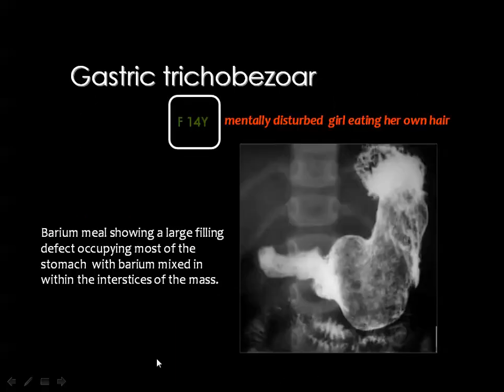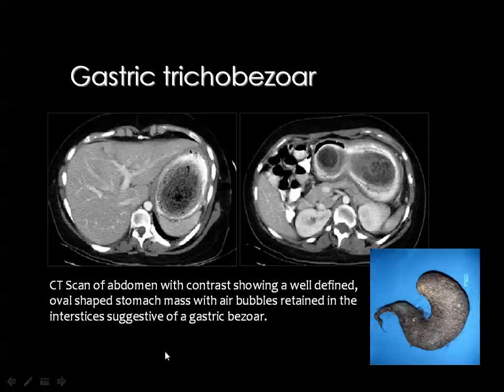And this is a 14 years old female who is mentally disturbed, eating hair, and you can see that the stomach is distended with a large mass of foreign material, of course made of hair, inside the stomach.